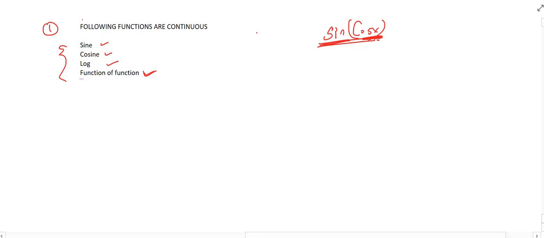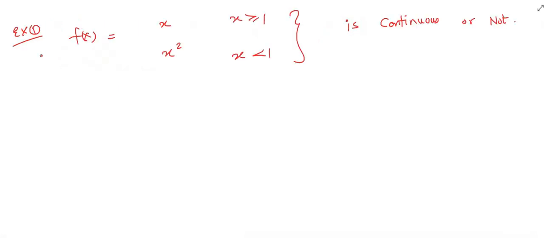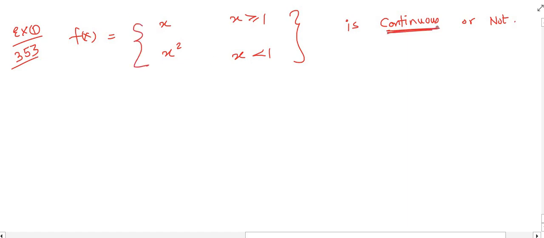Now we will do example 1. This is example number 1 at page number 353 in RS Aggarwal. So they have given this function and we need to check whether it is continuous or not. They are not asking to check continuity at 1 only. They are asking to check continuity at 1, before 1 and after 1.